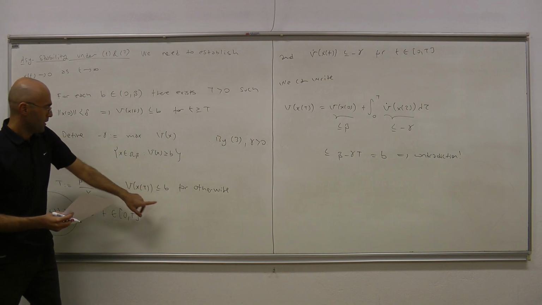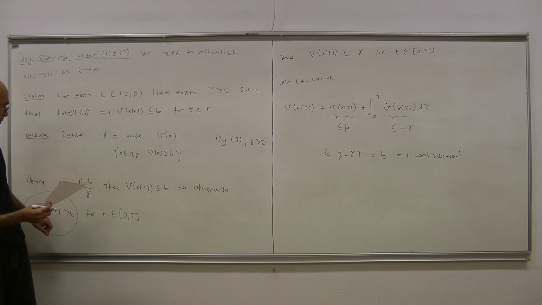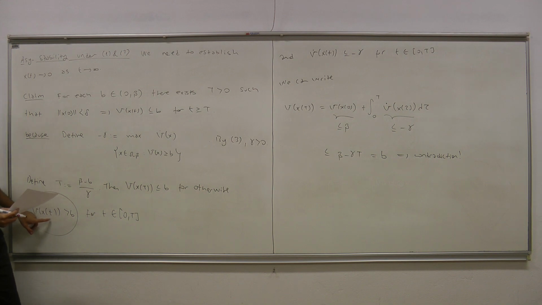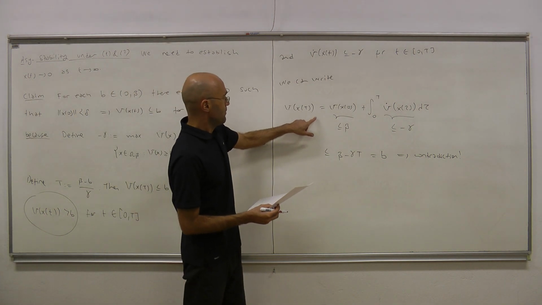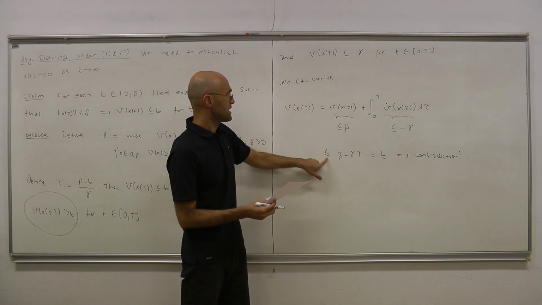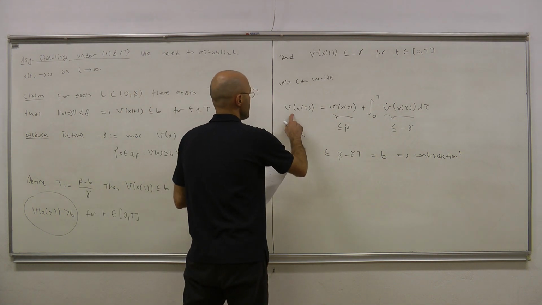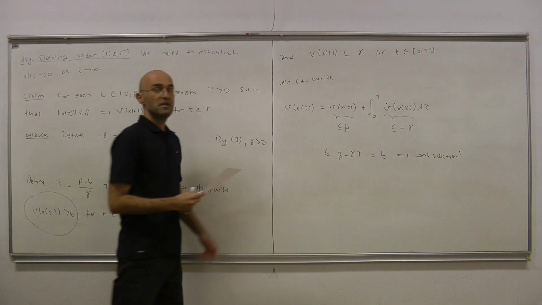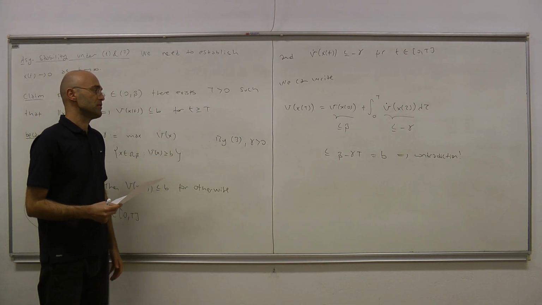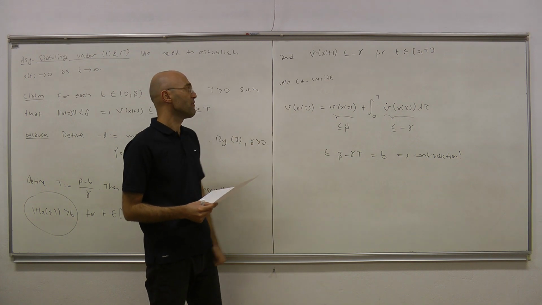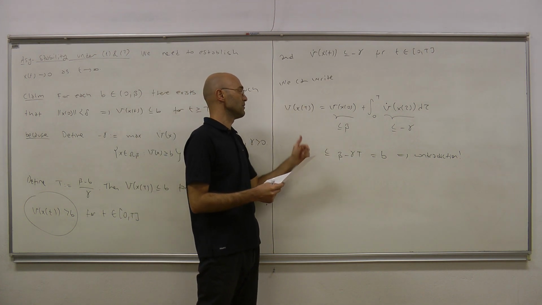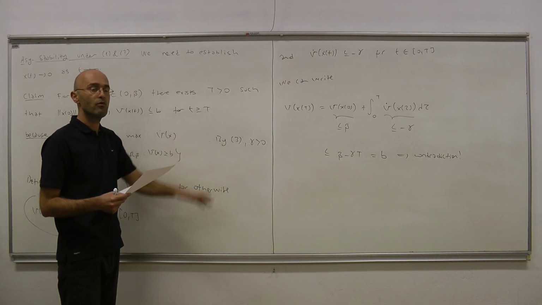So the contradiction is such that after our argument, we reach this, and this means that at t equals capital T, v of x of capital T is larger than b. Now, we have obtained that v of x of capital T cannot be larger than b, so that's the contradiction. And if we have v of x of t less than or equal to b, and since v dot is never positive, that means for all future times, by which we mean times further than capital T, it has to remain below b.